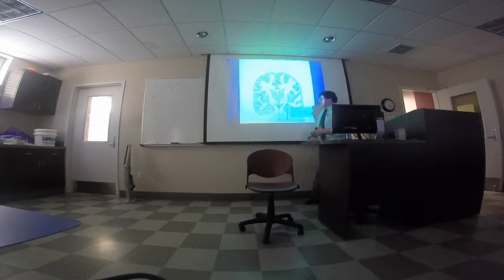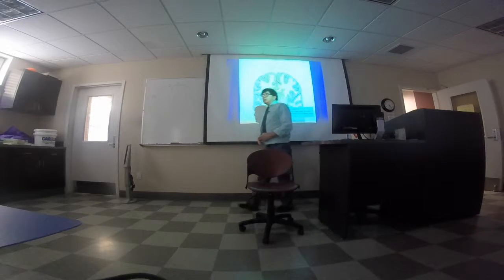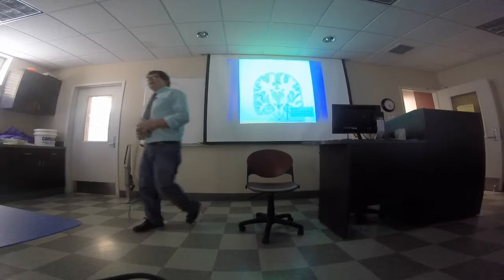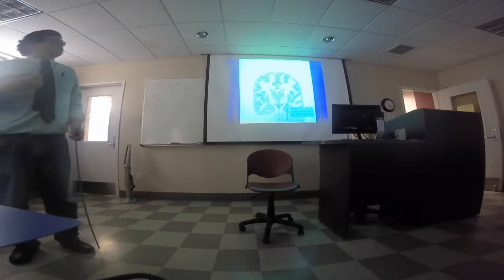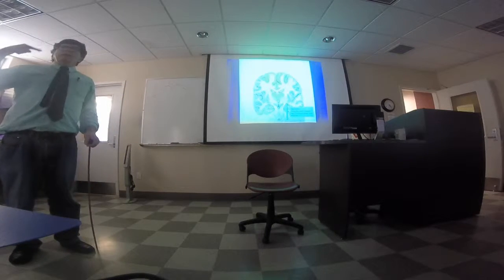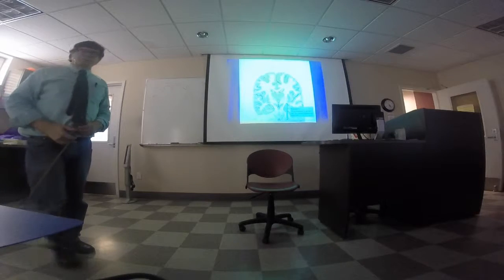If I took a slice a little bit further behind this one, I would pick up part of the brainstem, so that we can see these internal capsules carrying pyramidal tracts connect here with the brainstem. And if I could take just the right plane, I could show you where the brainstem is going to connect with the spinal cord. So those descending pyramidal tracts are going to carry motor information from the cortex down into the spinal cord.